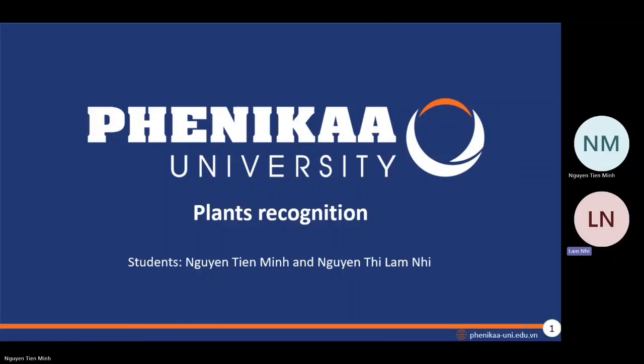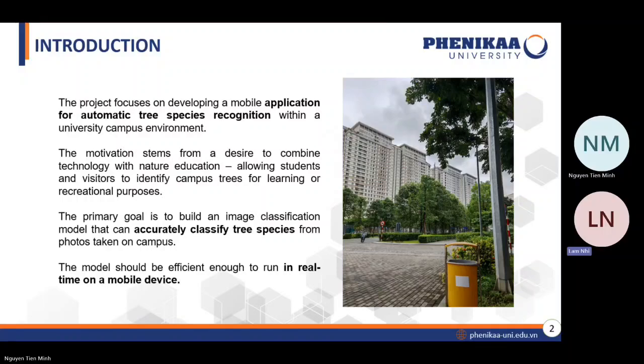Today we will talk about our project, which is tree recognition. The project focused on developing a mobile application for automatic species recognition within a university campus environment.